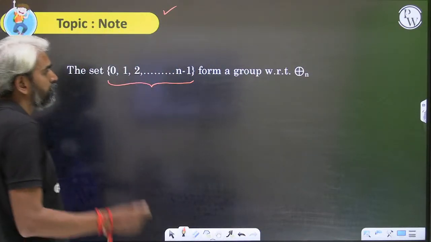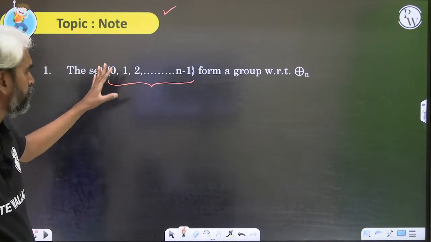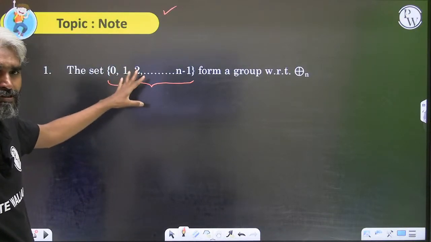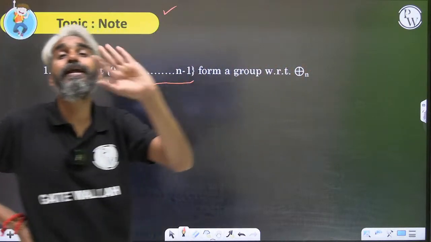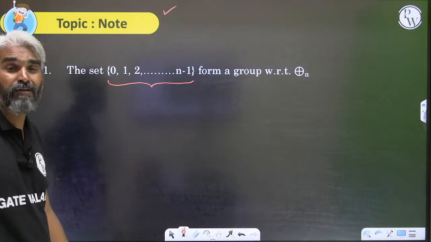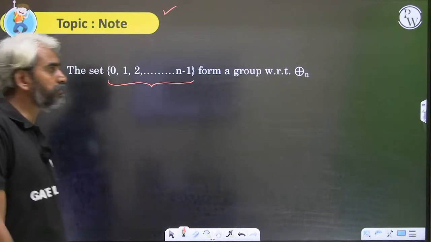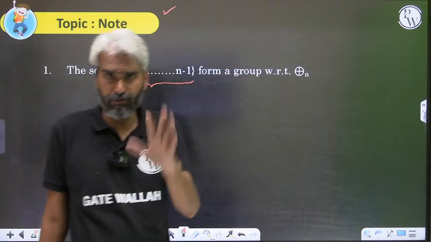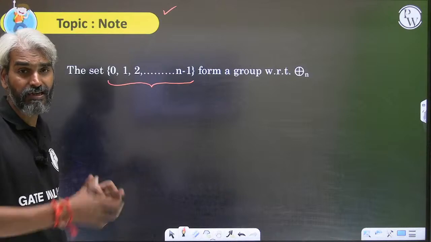Do you know that this set will remain closed no matter in what order you perform the operation on two numbers of this set? If you divide by n, the remainder will be between 0 and n minus 1, and all the numbers between 0 and n minus 1 are present within the set. Therefore, this set will be closed. Now, addition is associative, therefore addition modulo n will also be associative, since it is primarily based on the operation addition.